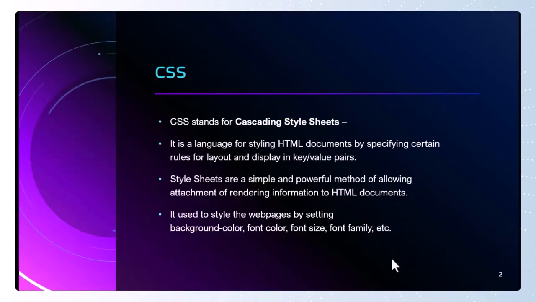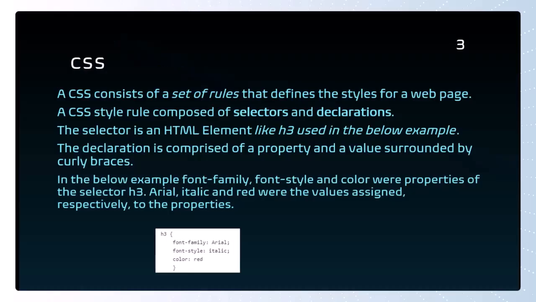They are a simple and powerful method for rendering information in HTML documents. It's used to style web pages by setting different properties such as background color, font size, font family, and more. So there's a set of rules that define the styles for the web page, and you make these up. Otherwise, it's just a very basic page.